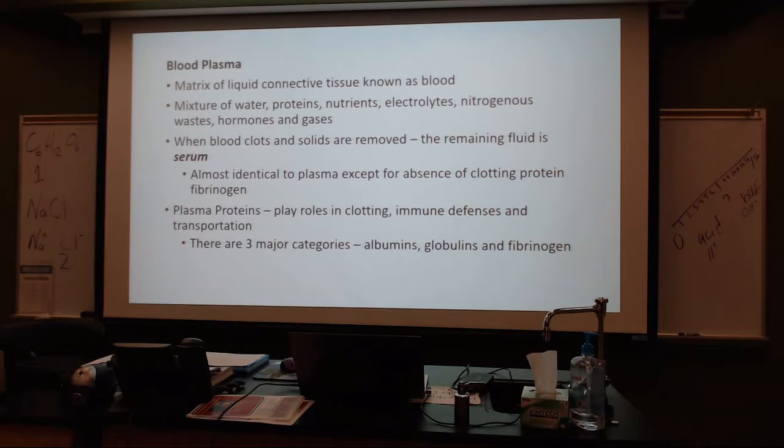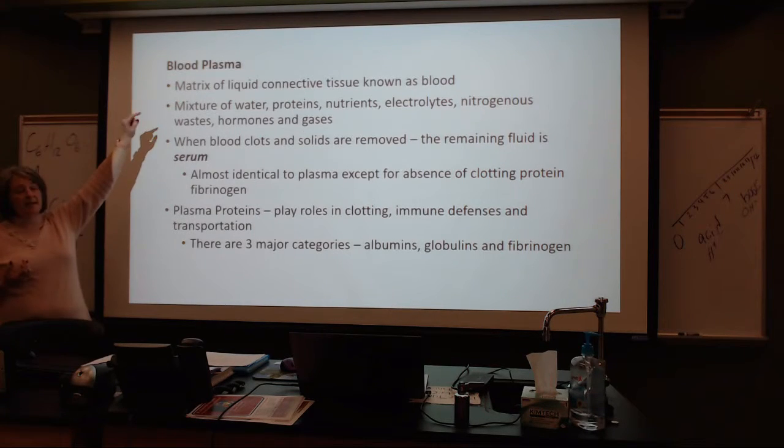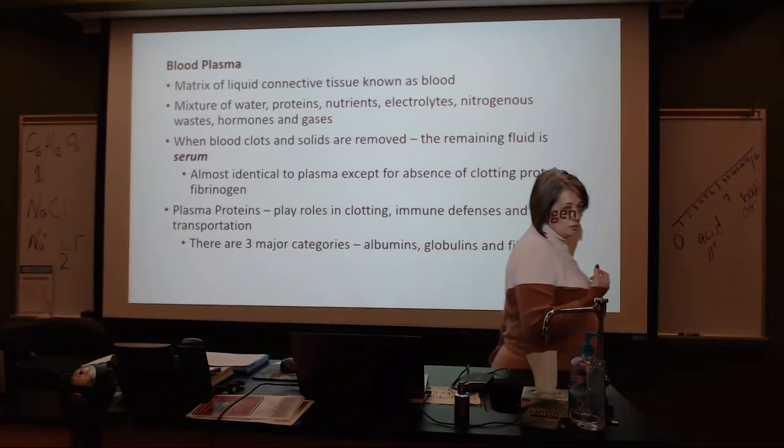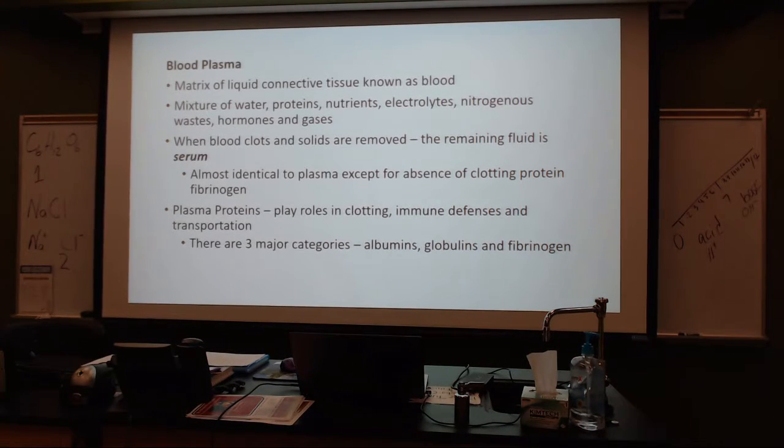Now, the matrix, the blood plasma, that is our matrix, that connective tissue, because that's what blood is. It is actually a tissue. In plasma, look what's present: water, proteins, nutrients, electrolytes, nitrogenous waste, hormones, and gases. Plasma's busy.